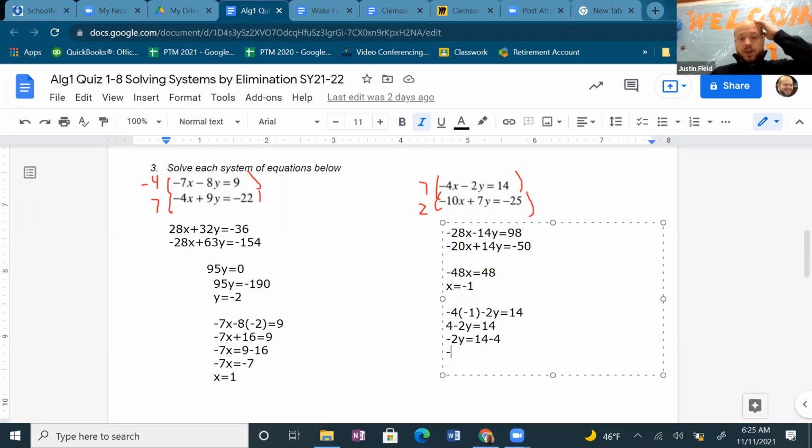This is -9. Well, -2y equals negative. Okay, yeah. So 14 minus 4 is 10. All right, y equals -5. All right. Any questions? Raise your hand and ask.